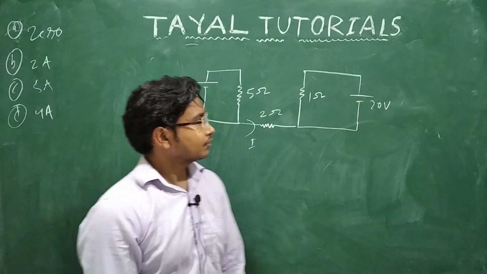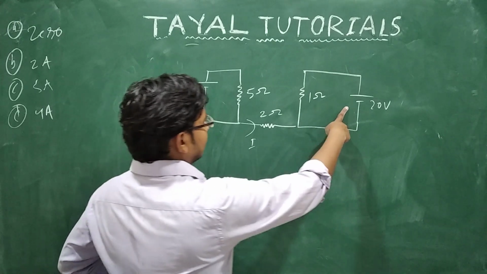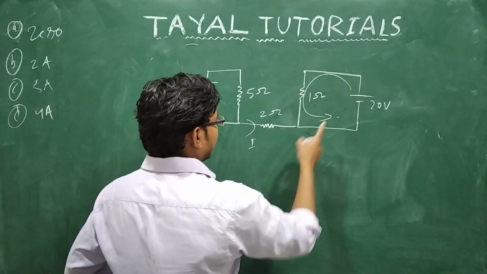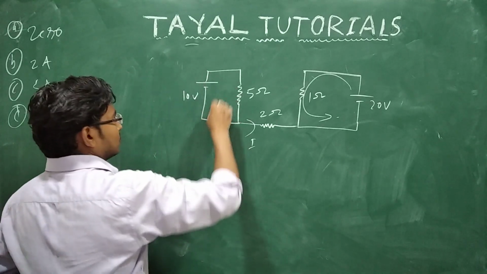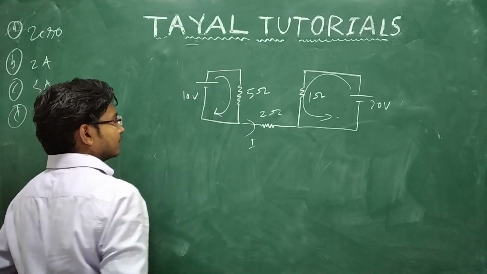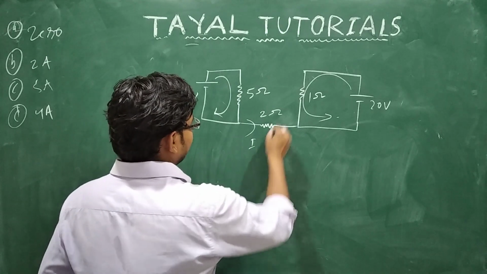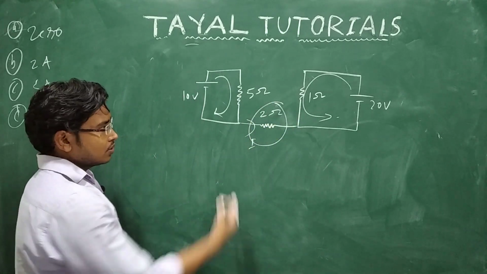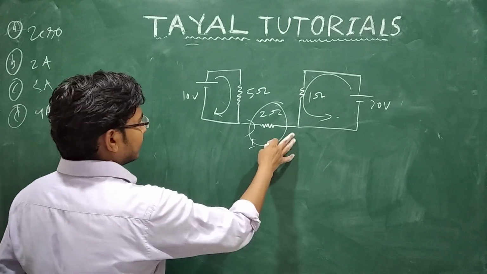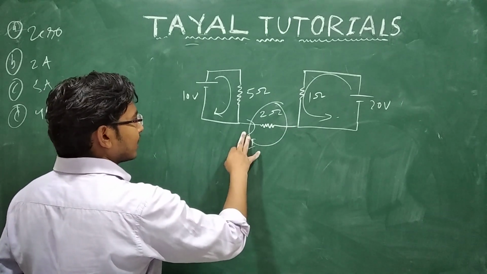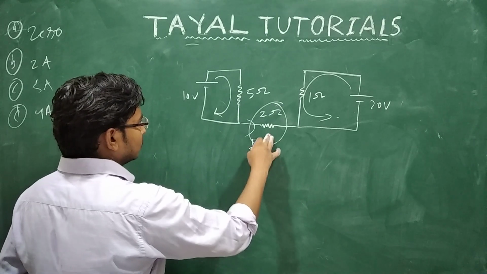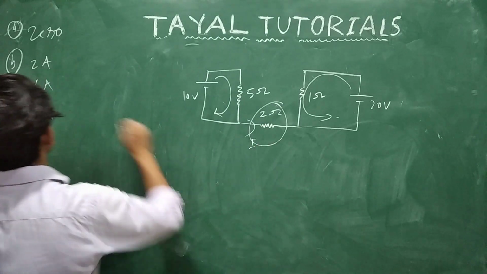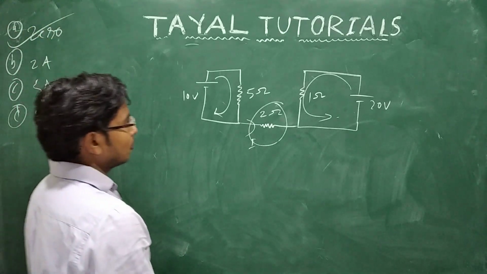Let's see. This is the source that will feed the current in that direction, and that current will go. This is the source that will feed current in that direction. So there will be no current in this direction. This is not a part of the loop. It is connected with these two, but the current is not coming into these two. So the current flowing through that 2 ohm resistor is 0. Option A is the correct answer.